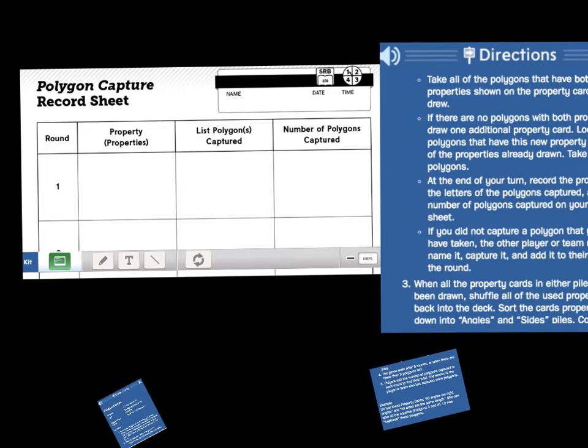But you've got your rounds listed here, and so you'll play several rounds. This is where you're going to list the properties of your polygons. This is where you're going to list the letters of the polygons that you captured, and then the number of polygons that you captured. So that's what your record sheet is going to look like.